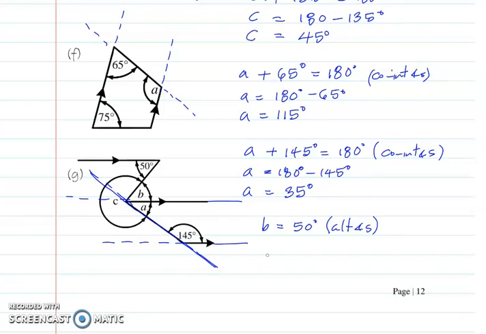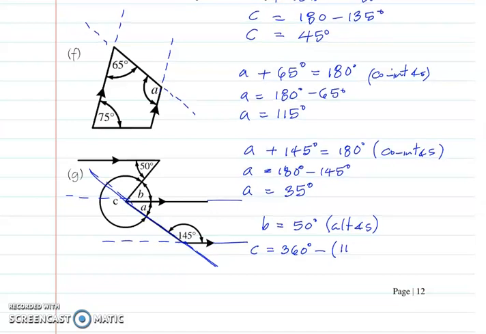So C, I could say, would be equal to 360 minus A, which is, sorry, this madness, A, which is 35 degrees, plus B, which is 50 degrees. And these are angles at a point.